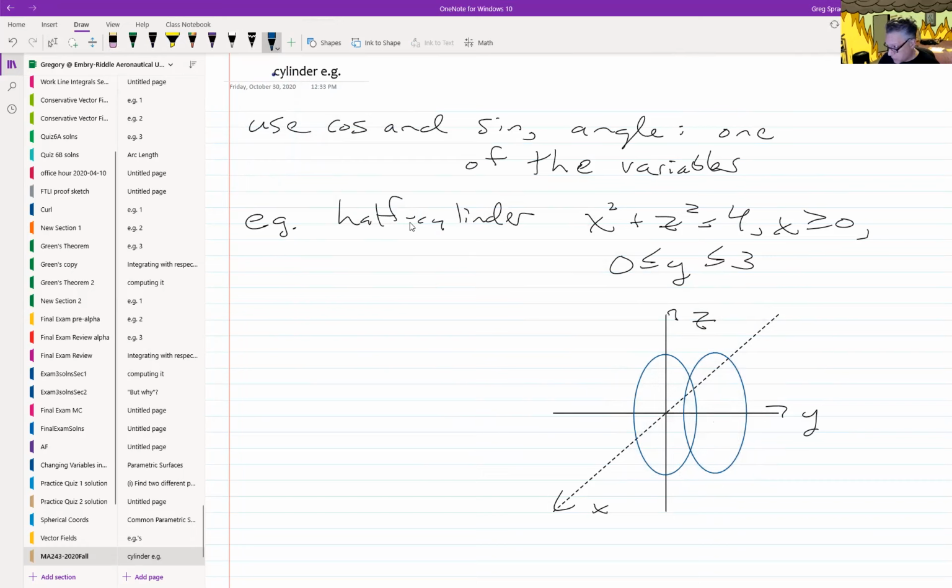So the right halves of these circles are actually the back. Oh no, wait a minute. They shouldn't be there at all. Sorry. This is a half cylinder. My bad.